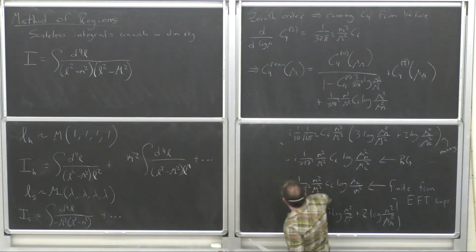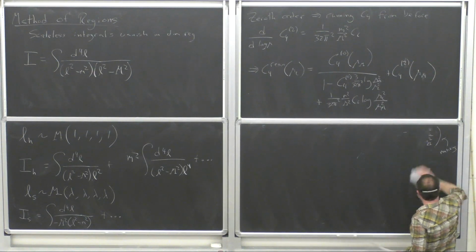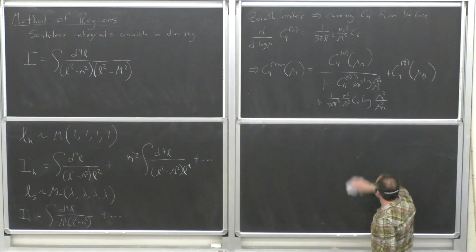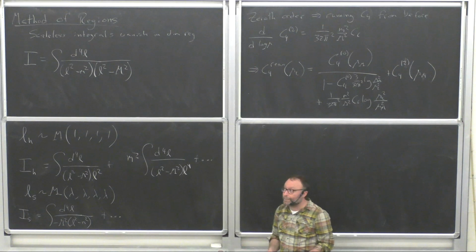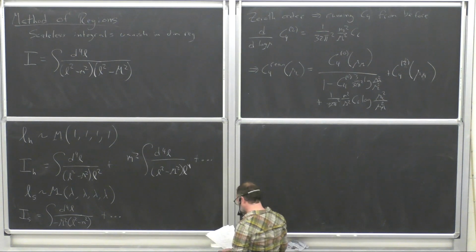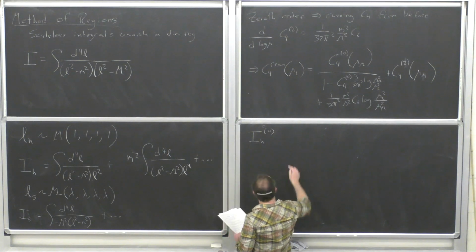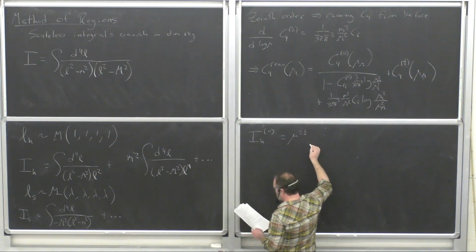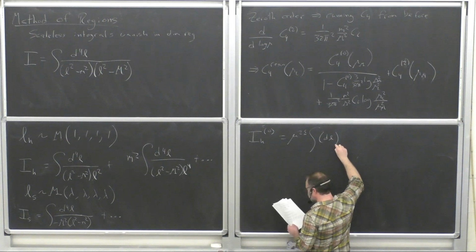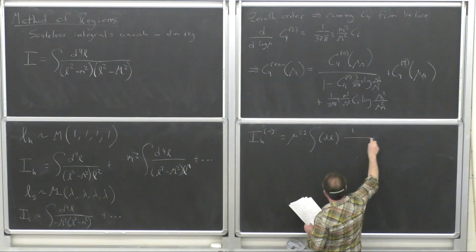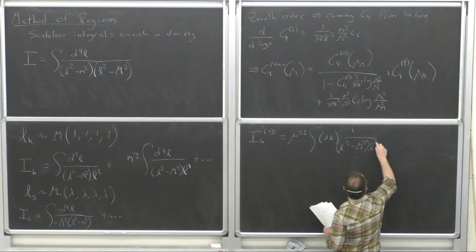So now I can just evaluate these integrals using dim-reg, okay? And I get I hard 0, mu to the 2 epsilon, integral dL, 1 over L squared minus M squared, L squared.